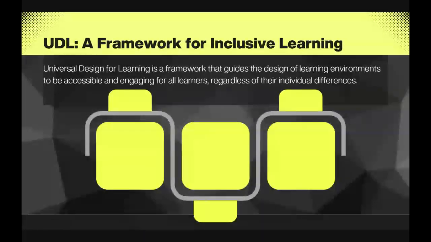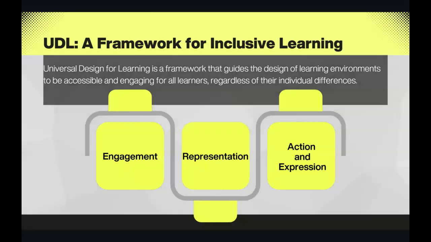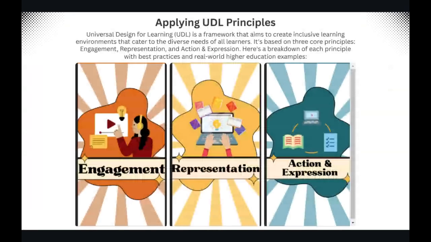So the framework for UDL is broken down into three main components: engagement, representation, and action and expression. This might look familiar for those of you who have seen our pedagogy one.